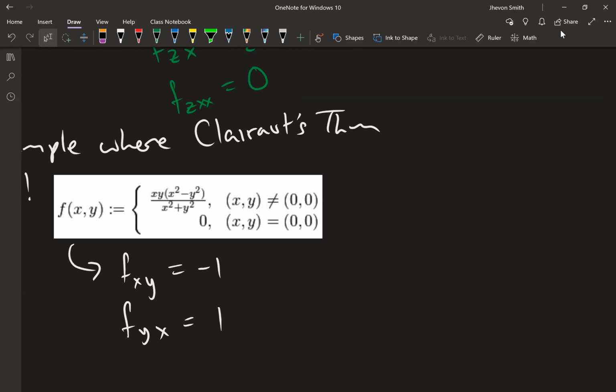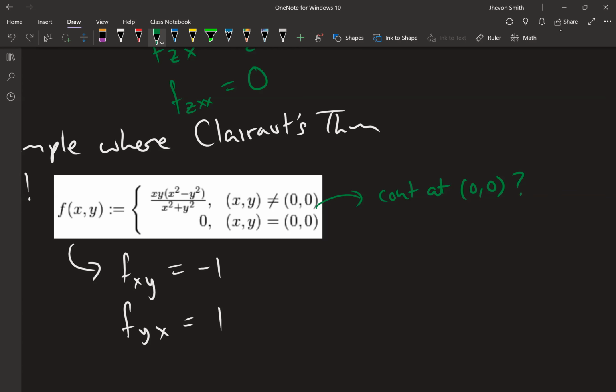What I determined is that for the first part, xy times (x squared minus y squared) over (x squared plus y squared), if you plug in y equals 0 or x equals 0, or y equals kx squared or y equals kx, anything, the limit would be 0.